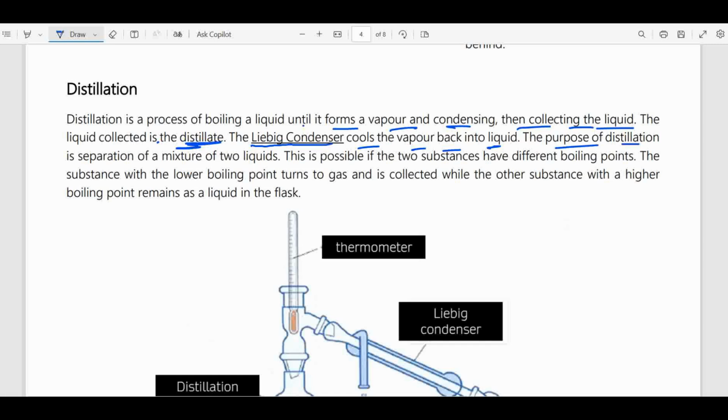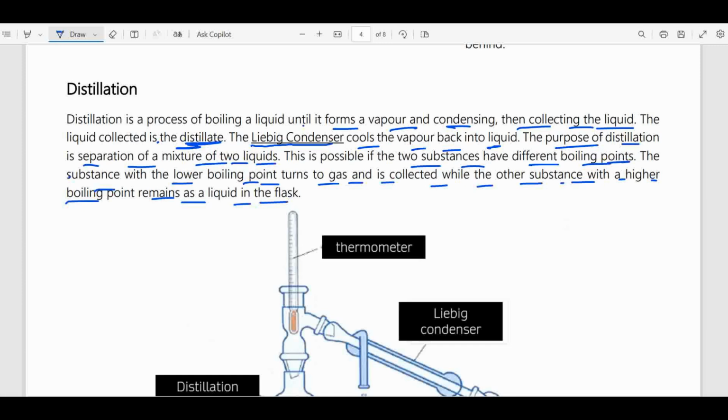And the purpose of distillation is separation of mixtures of two liquids. This is possible if the two substances have different boiling points. So the substance with the lower boiling point turns to gas and is collected, while the other substance with the higher boiling point remains as a liquid in the flask.